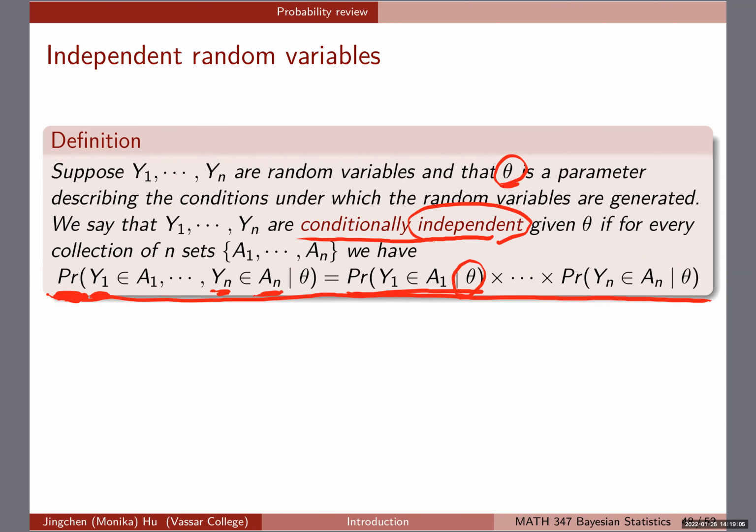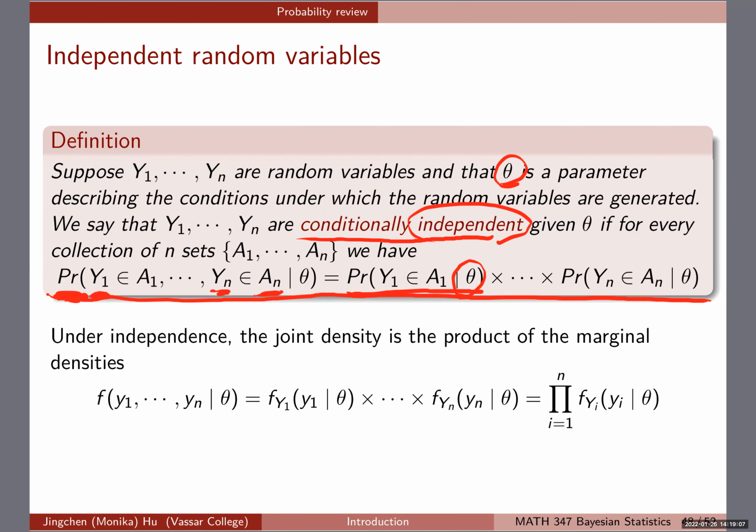And more commonly, you're going to see something like this. If I want to write out the joint distribution of y1 through yn, and I know they are independent, or conditionally independent from each other given the parameter theta, then it's equivalent to writing this. Again, this is the joint PDF. By the way, up here, this is the joint CDF.